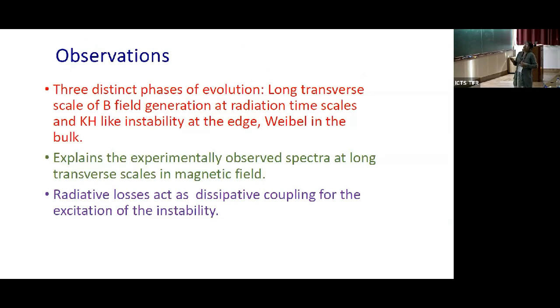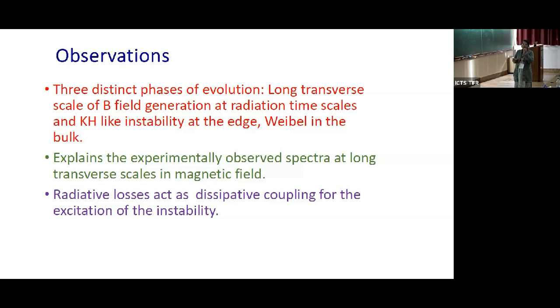So essentially, our observations show that there are distinct phases of evolution. There's a long transverse scale beam magnetic field generation at radiation time scales. And then after that, only the KH instability at the edge and Weibel in the bulk occur. And this explains the experimentally observed spectra at long transverse scales, which was earlier not very clear.